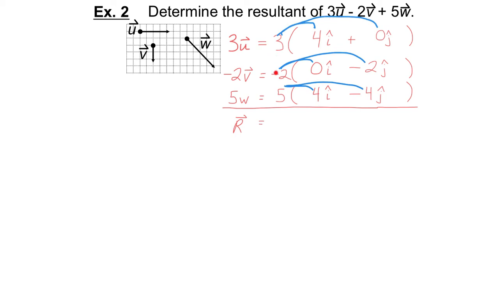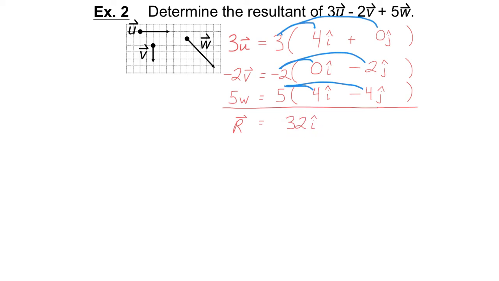Okay, so let's look at the x components. If I add all these x components together, I have 3 times 4, which is 12, minus 2 times 0, so 0, 5 times 4 is 20. So I've got 12 plus 0 plus 20, that's 32i hat.